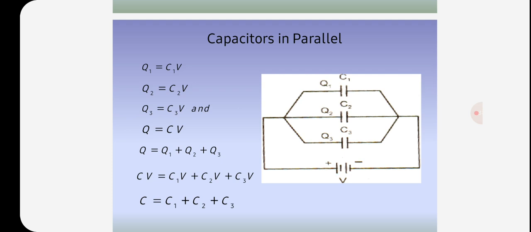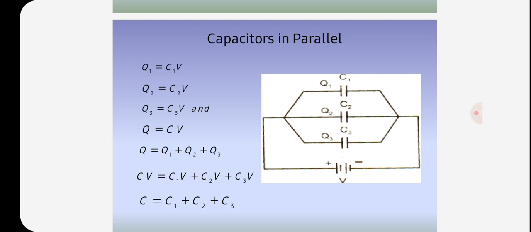Case 1. If two capacitors are connected in parallel, then n is equal to 2, that is C equivalent is equal to C1 plus C2. This formula can be directly used hereafter to calculate equivalent capacitance when two capacitors are in parallel. Case 2.